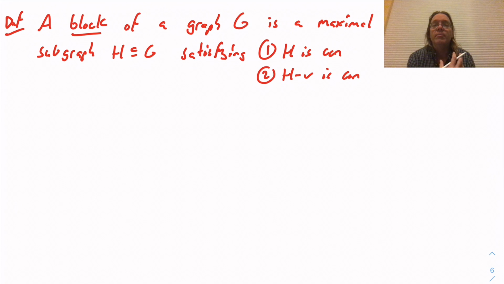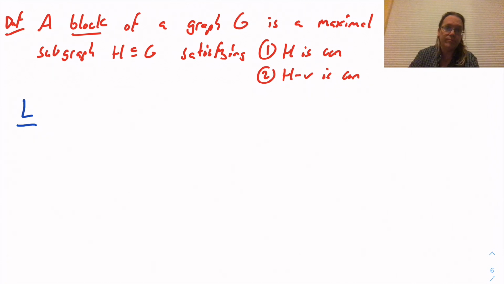So again, by definition, a block is a maximal subgraph H of your graph G, and this maximal subgraph has to have the property that it is connected and remains connected when you delete any vertex. And I'm going to now prove a couple of lemmas.